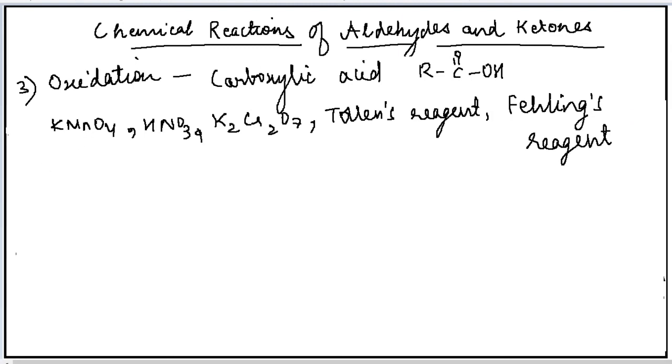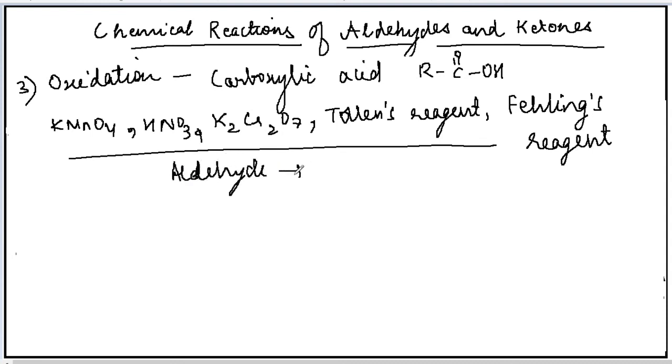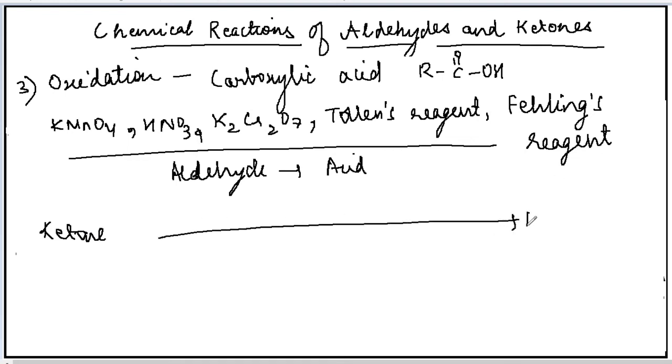Now aldehydes can be easily oxidized to carboxylic acids by using these oxidizing agents. Whereas ketones are oxidized to acids only by using some strong oxidizing agents. Strong oxidizing agents will be needed to oxidize them.